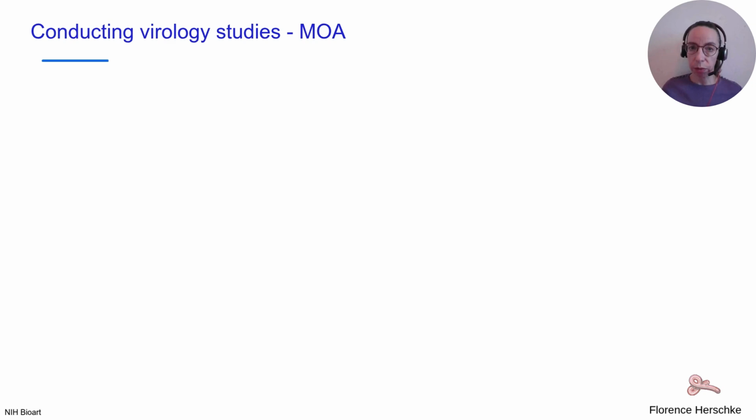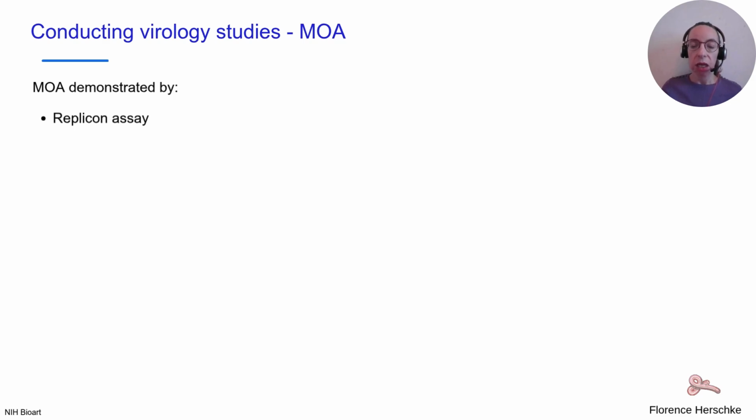So let's assume you've identified the perfect antiviral candidate and you want to push it into clinical development in the USA. The first set of recommendations from the FDA is to clearly identify its mechanism of action.